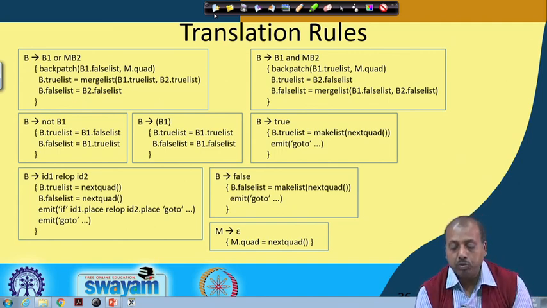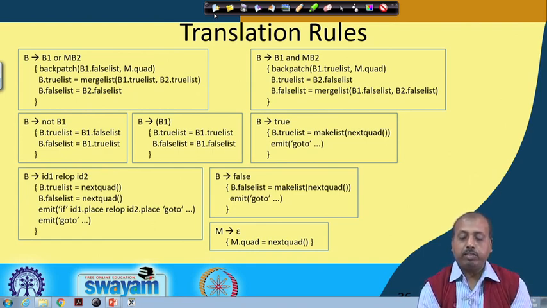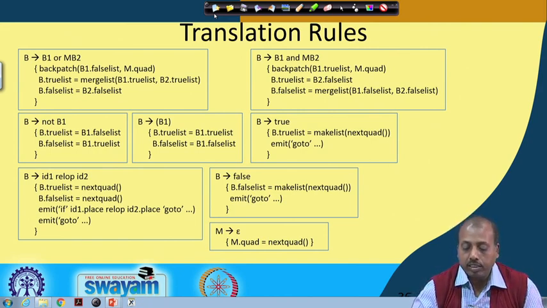B producing true. This will generate a code, and at that point the expression is definitely true, because the expression itself is being reduced by the rule B producing true, true being the constant value for the Boolean expression true.